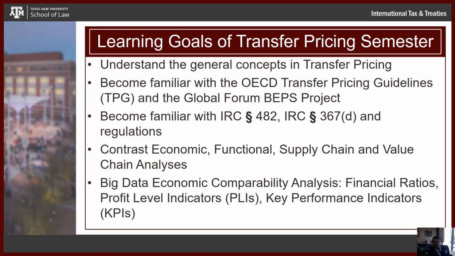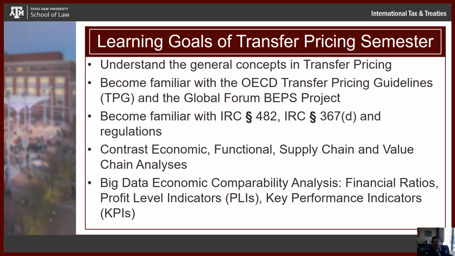So by example, if you studied managerial sciences as an undergrad, and maybe that undergrad degree was 20 years ago, but you still studied supply chain. Well, we're going to look at supply chain in a different, call it transfer pricing perspective, especially more modernized for value chain analysis. Okay, we're going to have a big data economic comparability analysis.